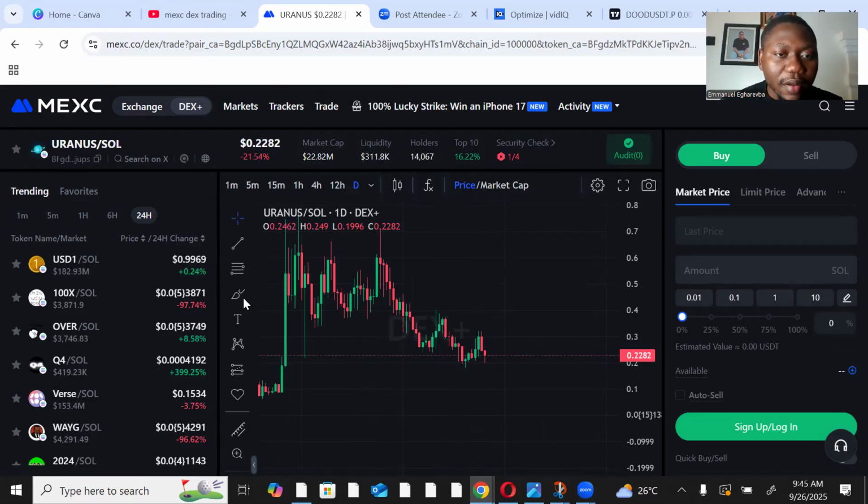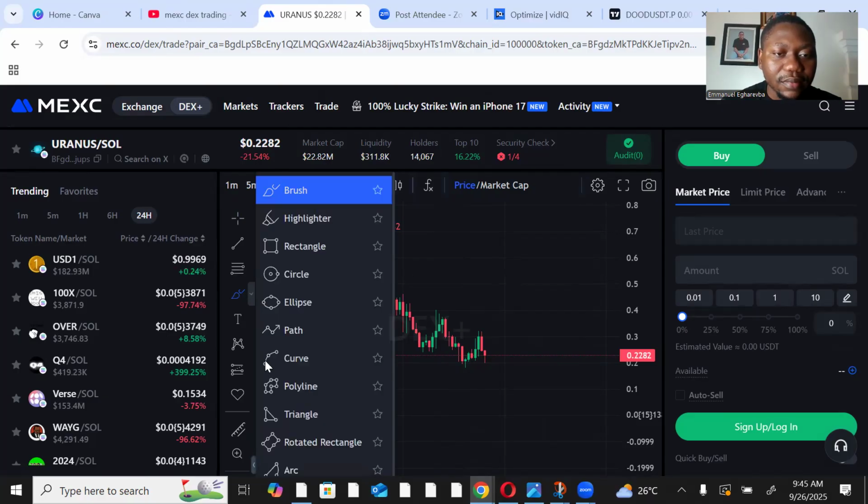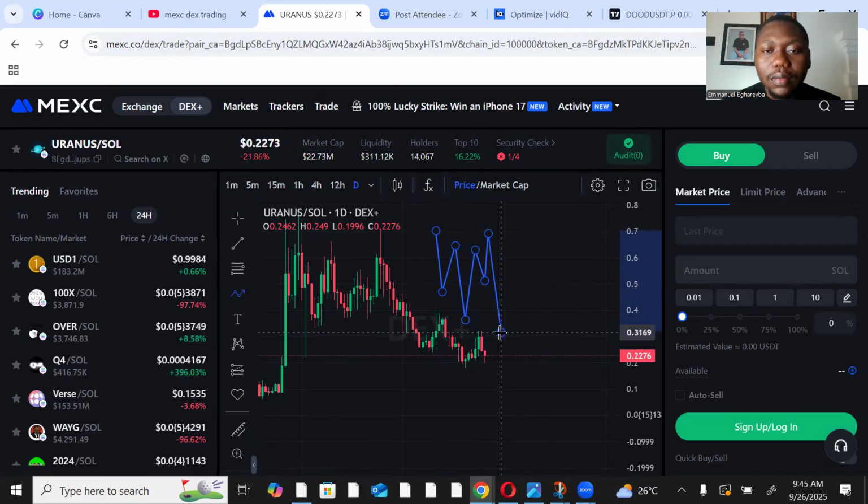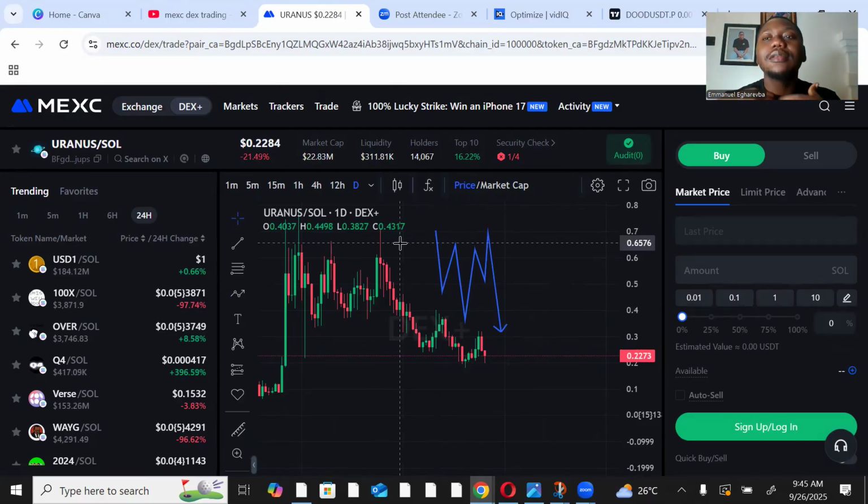First of all, just ensure that you are seeing something like this from the daily. Now, this schematic I'm showing you now is a sell schematic, showing you that price is about to fall.